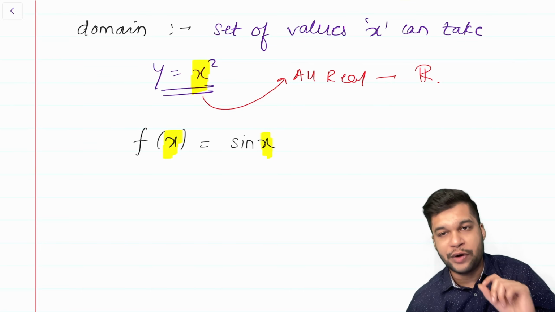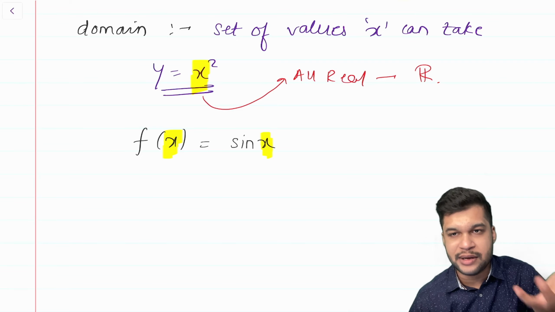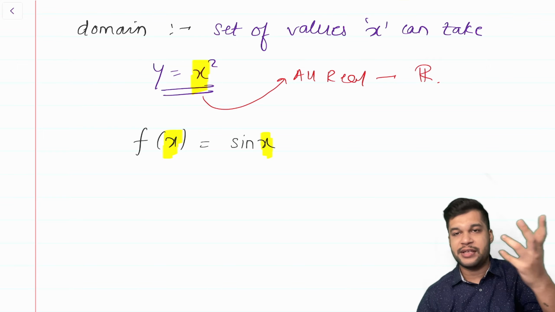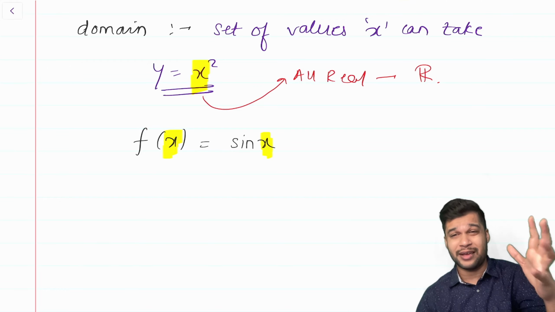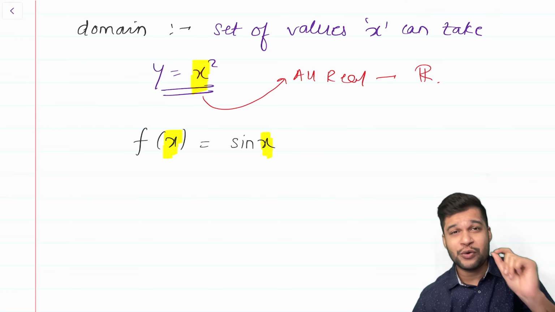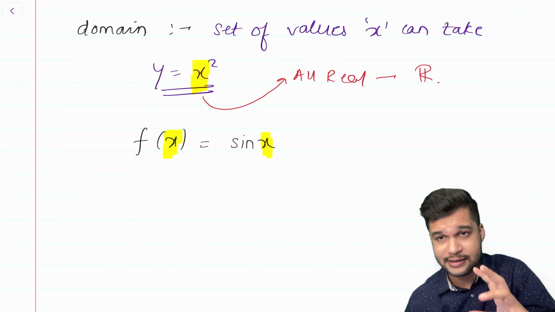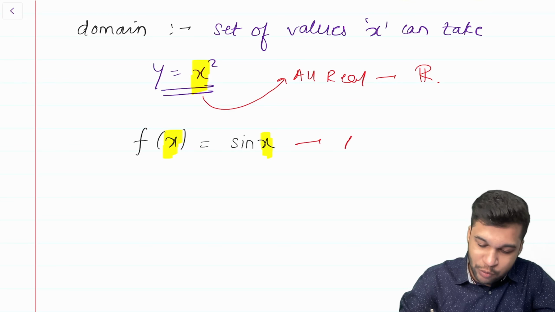All the values you can substitute: -10, -9, -8, up to 10, 1 crore, 2 crore, 1 million, 2 billion. Anything, buddy, anything. You can substitute anything inside X. So again, the domain over here is all real.